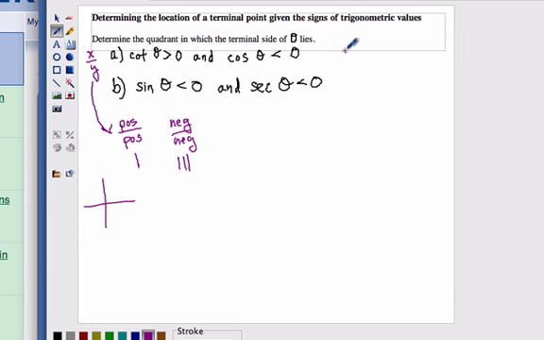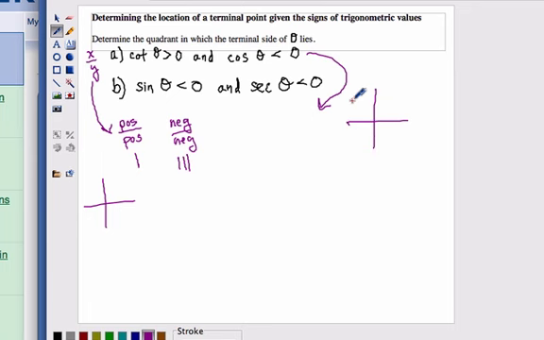And then I need to consider the cosine part. So cosine of theta is less than 0, that means it's negative. Cosine goes with x. So again, think of your xy axis. When x is negative, that means I'm moving in the negative direction. Then my y could be positive or it could be negative.